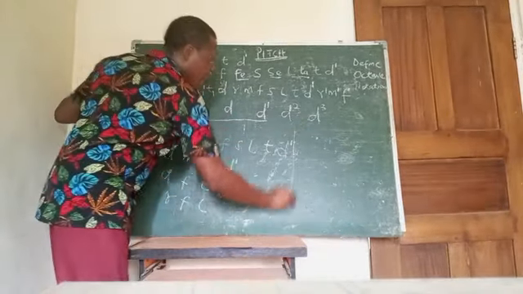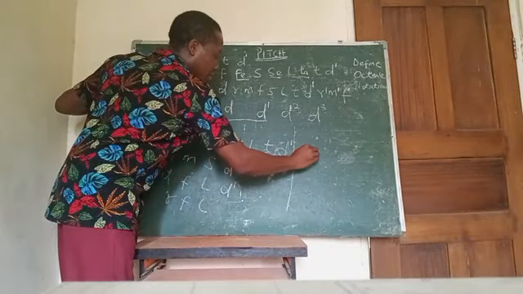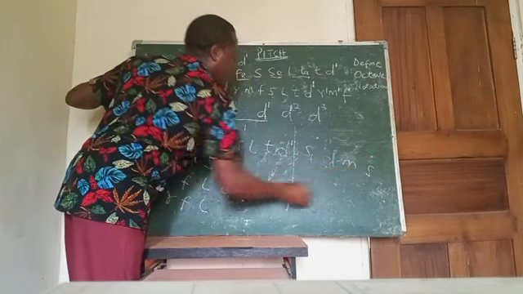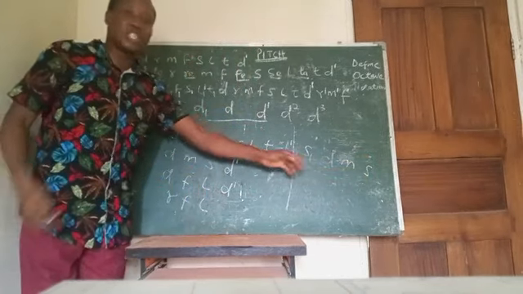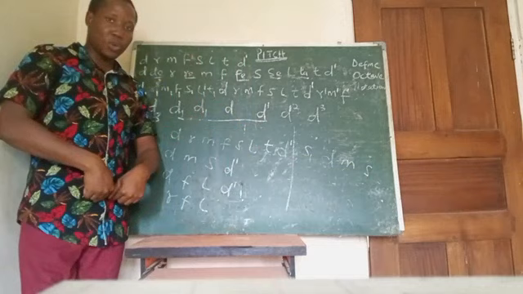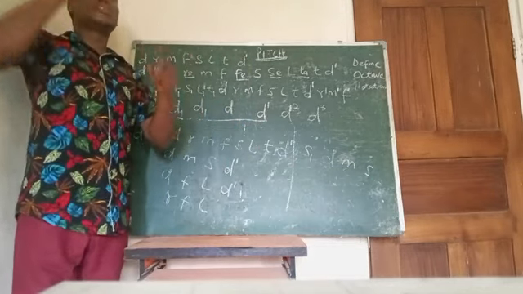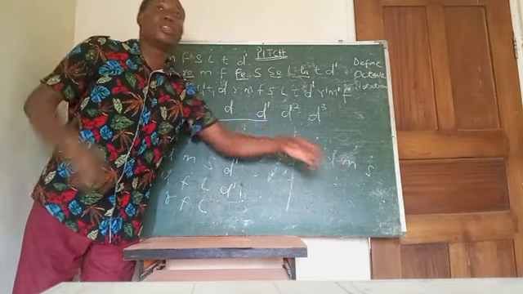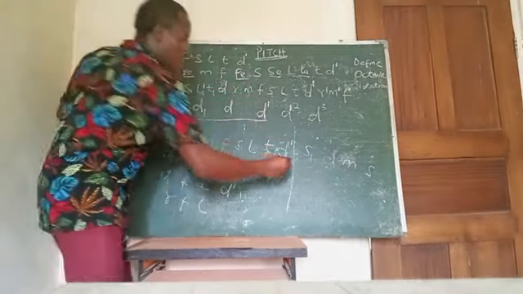So let us try also another one. Let us say you have, this is a lower octave. So do, mi, so, do, mi, so. Okay, let us try.